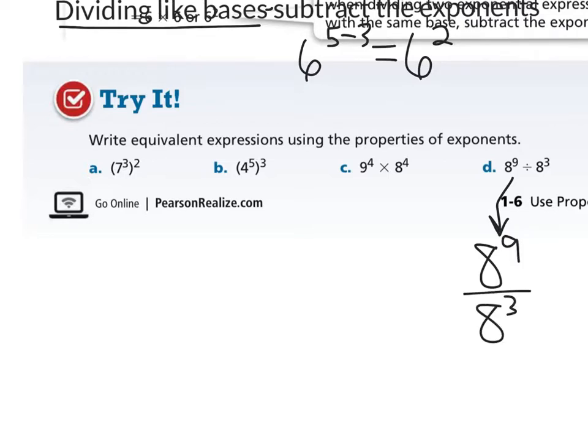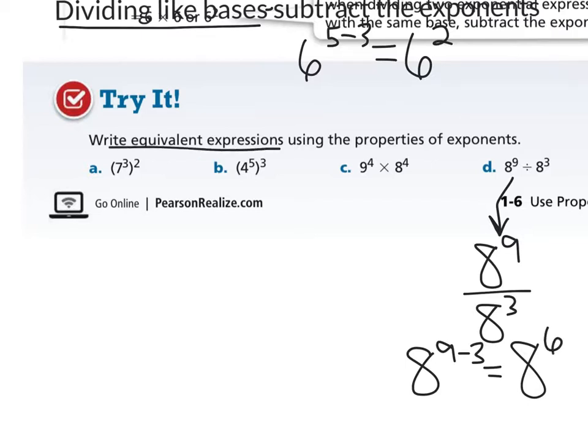And then you can kind of imagine we've got 9 factors of 8 in the numerator and 3 factors in the denominator. So obviously more in the numerator. How many more? Well, if you subtract, that'll tell you how many more. And that's what that idea is that we just talked about. So subtract, and that would be 8 to the 6th power.